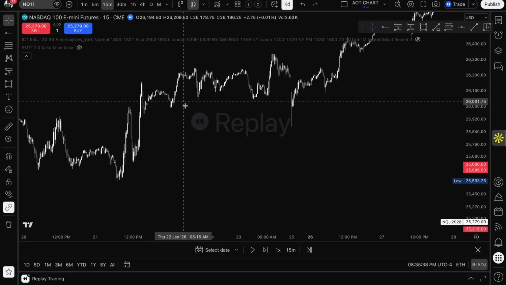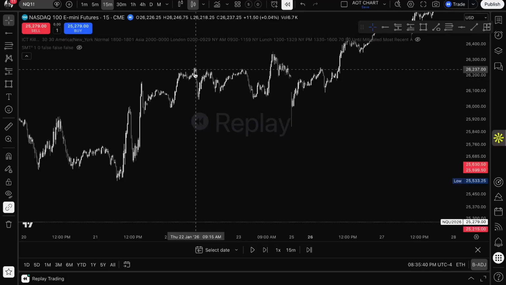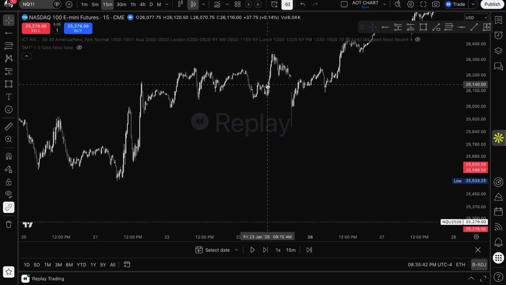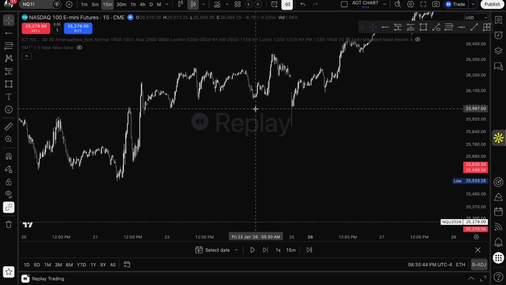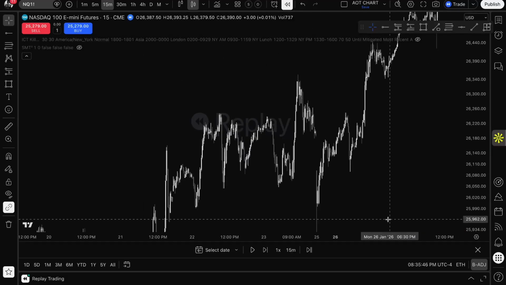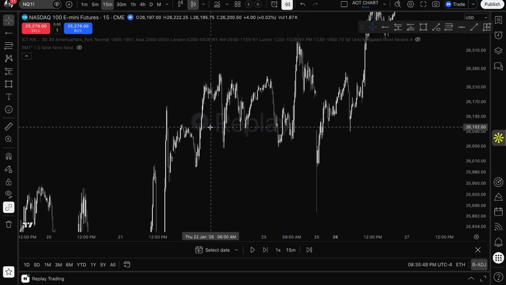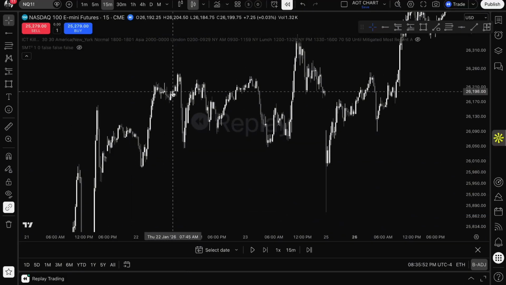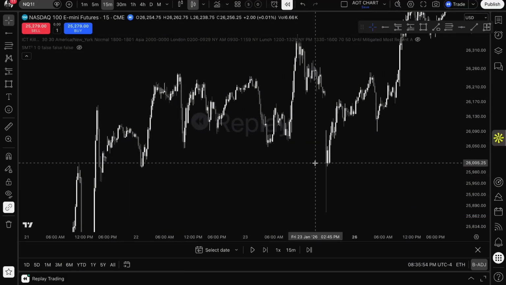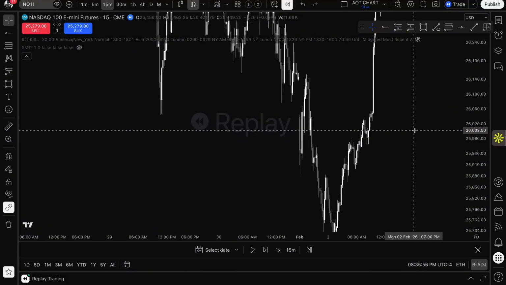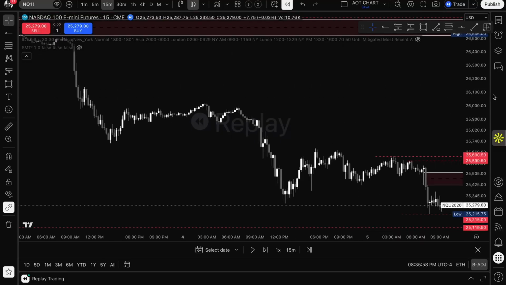You see what I'm saying? So a continuation is just a disrespect of the rebalance, if that makes sense. In a bullish trend, the rebalance is a down move, but in a bearish trend, the rebalance is an up move. You see what I'm saying?